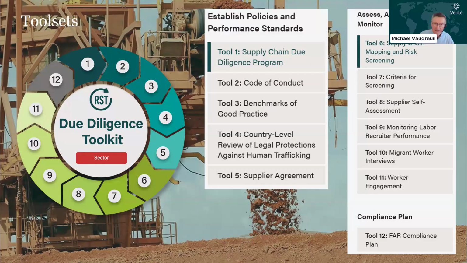Tool 5 is very simply, what would you want your supplier to formally agree to in terms of their alignment with your code of conduct.